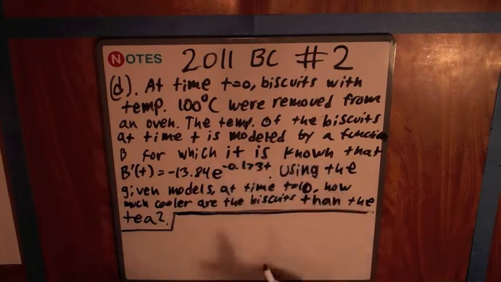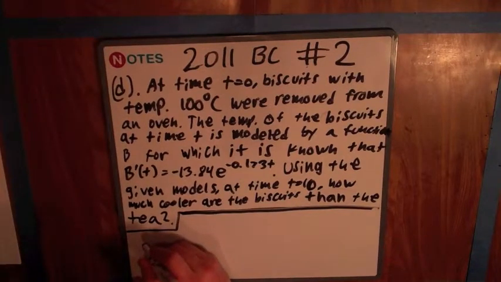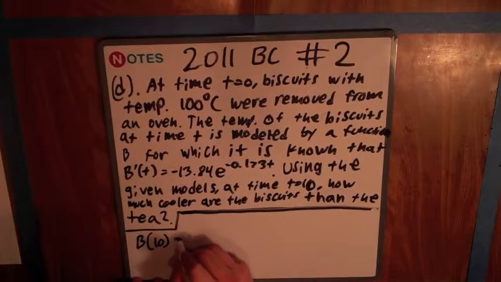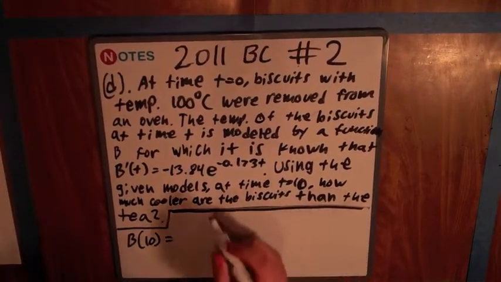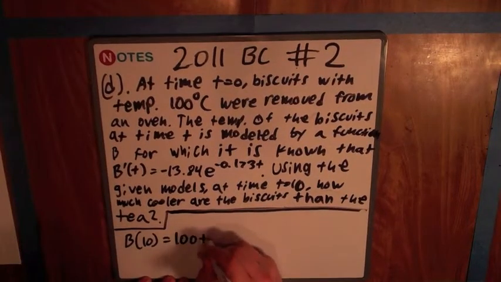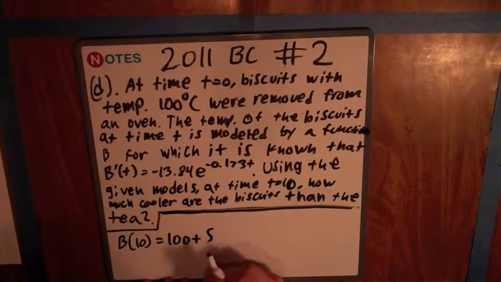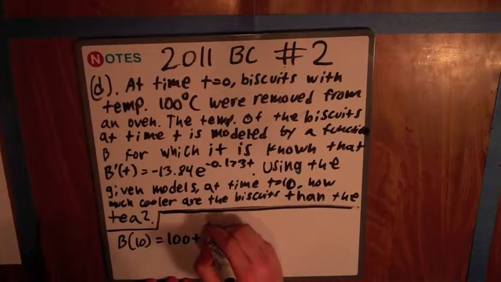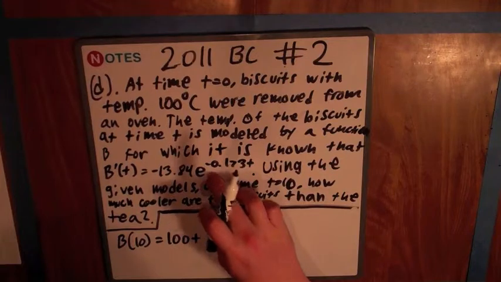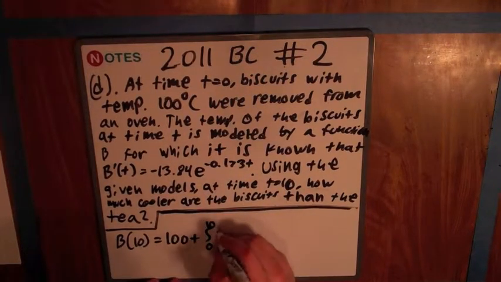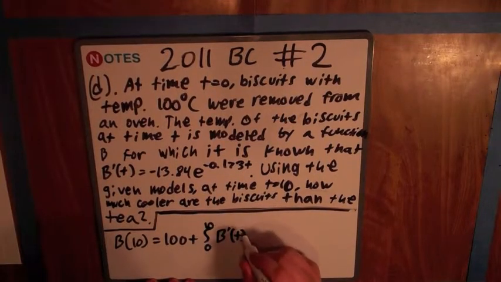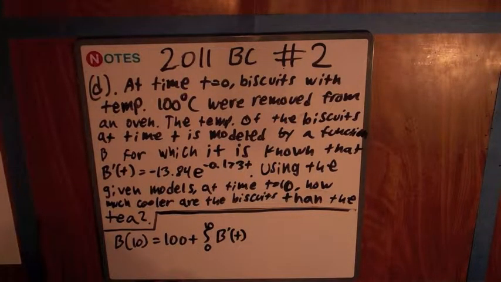To do this, I'm going to start with b at 10 is equal to, we're going to take our initial condition of 100 degrees Celsius and add on the net change of the temperature of the biscuits, which was given by this function, b prime t dt.